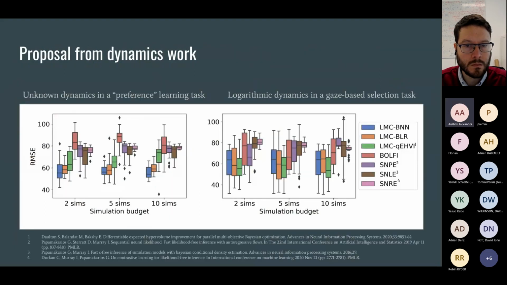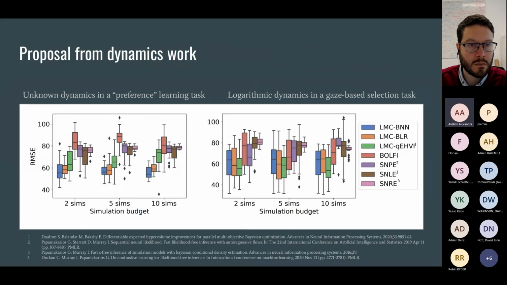So the results are the following. These figures measure the root mean square error between the estimated state points versus the ground truth state points.